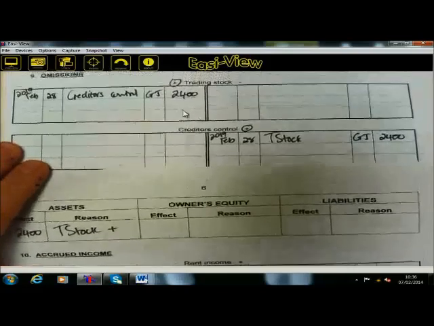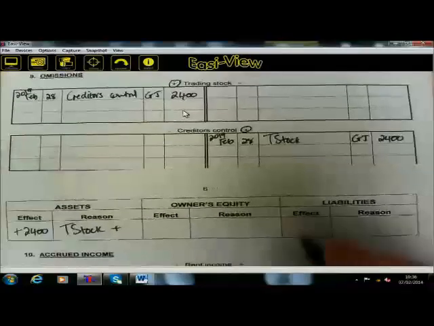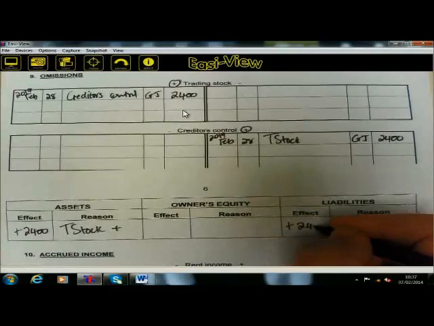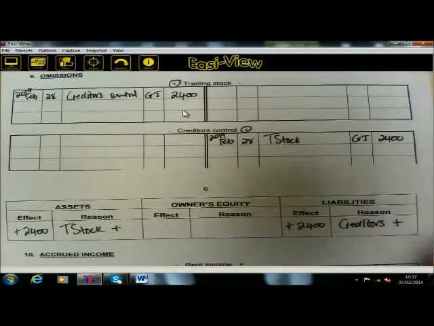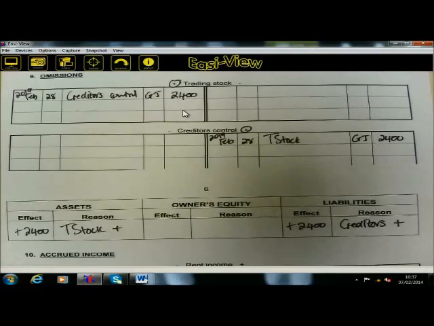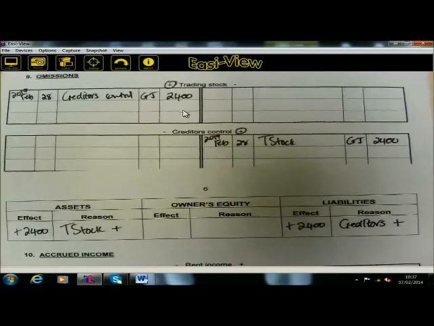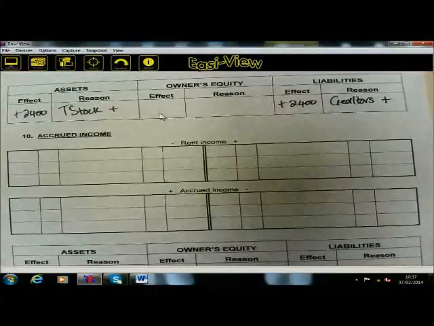There you are. And there's a plus 2,400 because your creditors control becomes more. There you are. That was an omission, and an omission means that they totally left it out of the books of the business.